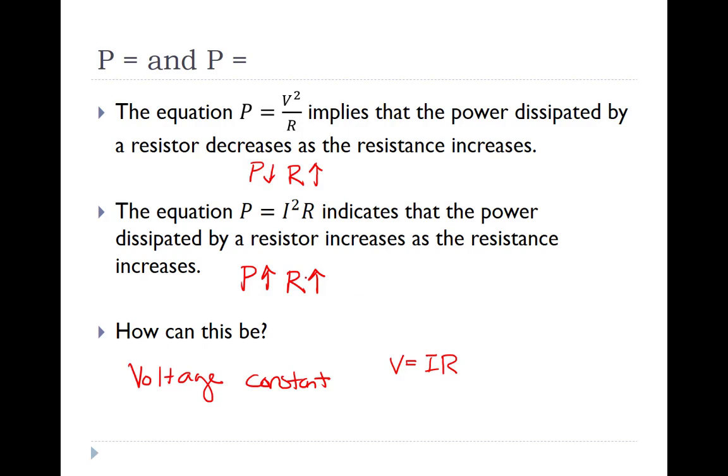And now, yes, it's true that if the resistance goes up, something will change, but not in the way we think, because there's another piece that's also changing. Current isn't constant in that second equation. It will go down as resistance goes up, for example.